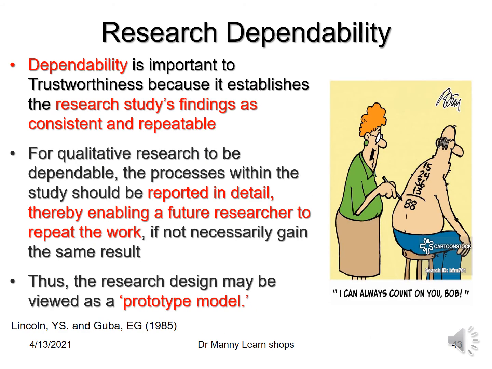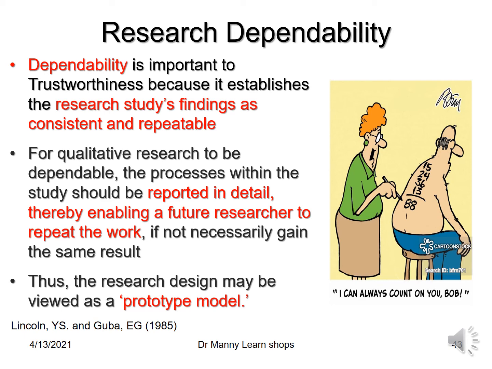Then you've got research dependability. And dependability is important to trustworthiness of the data, because it establishes that the research study findings are consistent and repeatable. For qualitative research to be dependable, the processes within the study should be reported in detail.